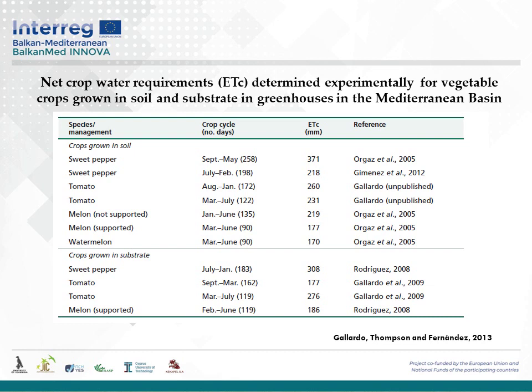The lowest values are generally for spring-grown melon and watermelon crops with a 3 to 4 month growing period, while the highest values are found for pepper crops grown from September to late May. The reported ETC values for the soil-grown tomato, which is one of the most important greenhouse crops, range from 230 for the spring cycle to 260 millimeters for an August to January cycle.